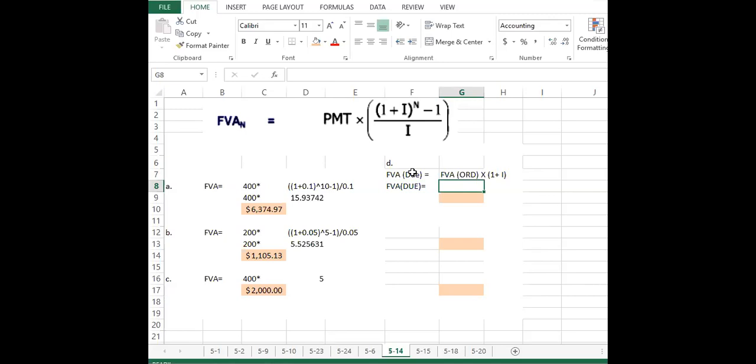So we simply multiply this answer by 1 plus I. Means we already have this future value of ordinary.